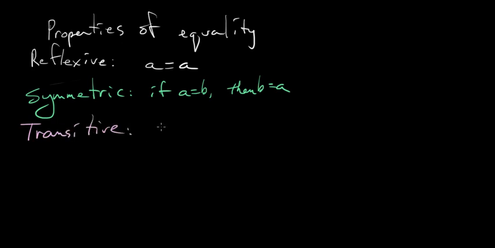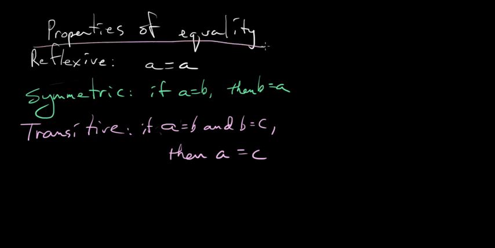And the transitive property says if A equals B and B equals C, then A equals C. Okay? That's pretty much how that works. And so those are the properties of equality.